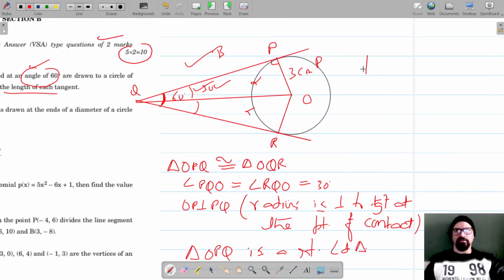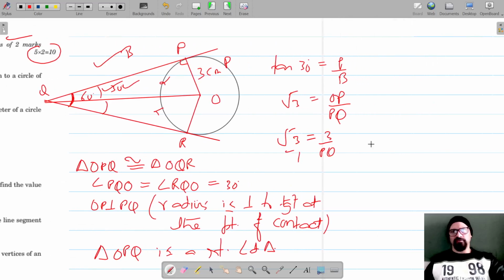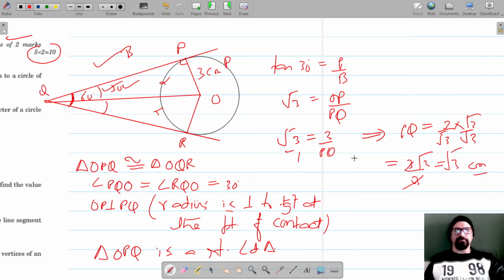So I'm going to use the ratio tan 30. Tan 30 is equal to P by B, and the value of tan 30 is root 3. Perpendicular is OP, base is PQ. So root 3 is equal to 3 by PQ, which gives PQ equal to 3 by root 3. If I rationalize this, it is equal to 3 root 3 by 3, which is equal to root 3 centimeter.